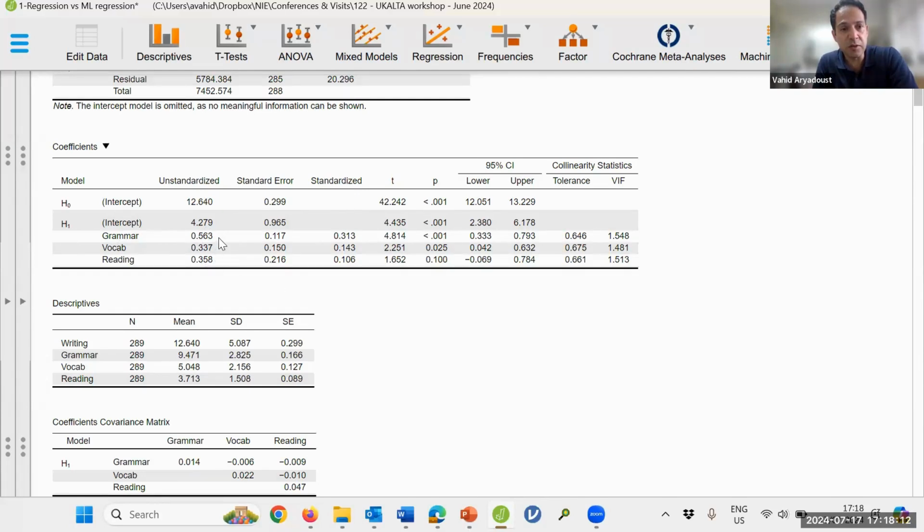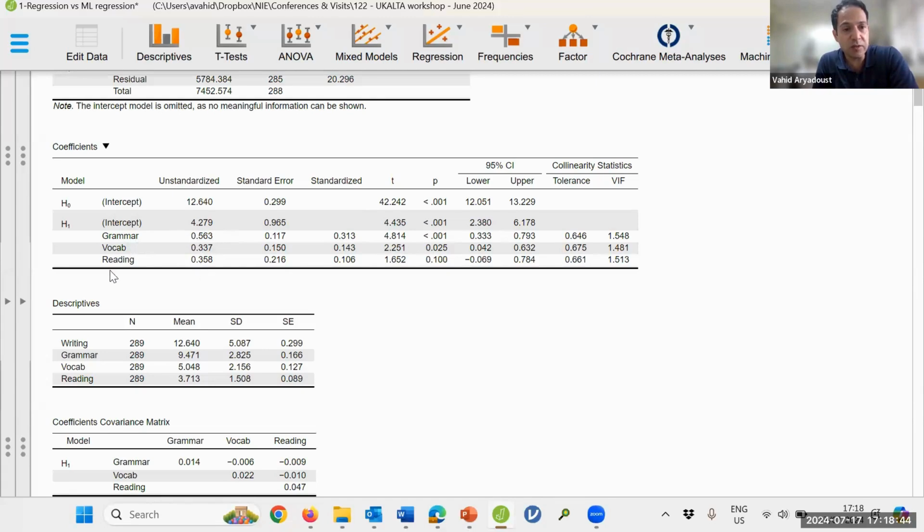As you recall, at the beginning of this session, I mentioned that unstandardized coefficients are interpreted as follows. If grammar scores increase by one unit, sorry, this is unstandardized. If grammar scores are increased by 1 unit, the writing score increases by 0.563 units.